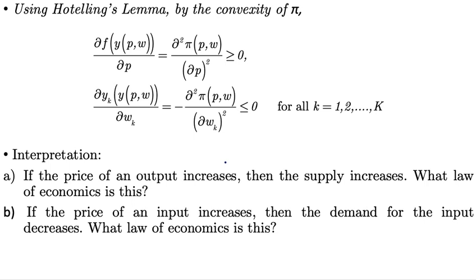Okay, so we know that the profit function is given by P times F(y), isn't it? Okay, now I don't want to write P, W here, yeah? And minus Y multiplied by W, isn't it, the price of input? So previously, when we differentiate profit with respect to price, what we get here is that the output is supplied at that particular price.